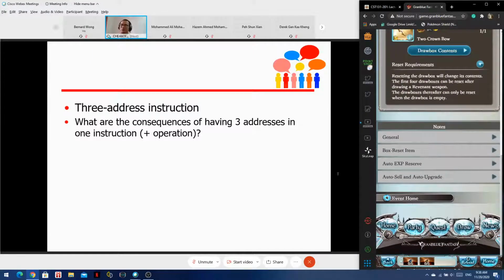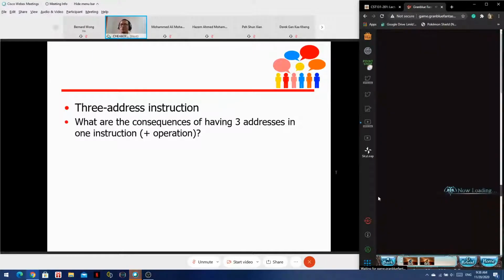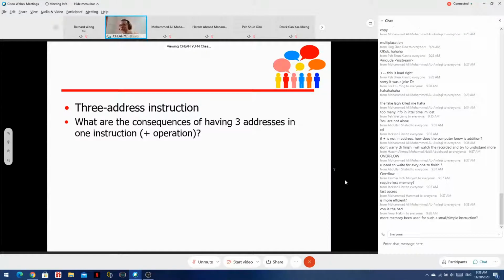More efficient, yes, maybe also. Con is the bad, yes of course: more memory being used for such a small, simple instruction.